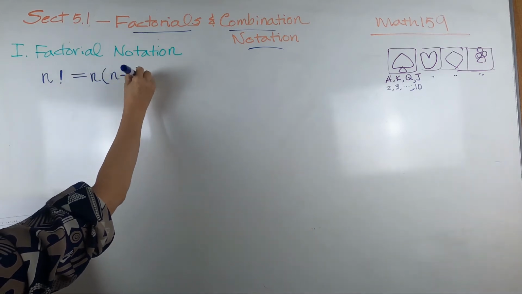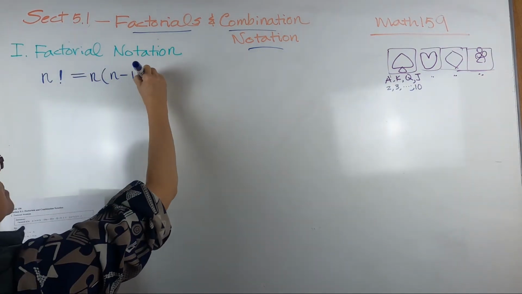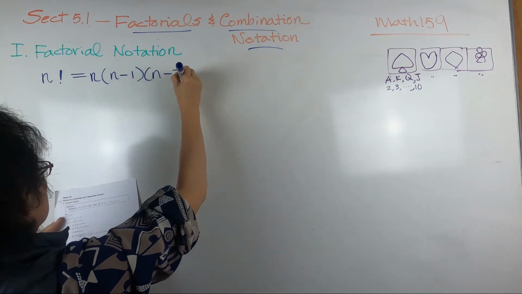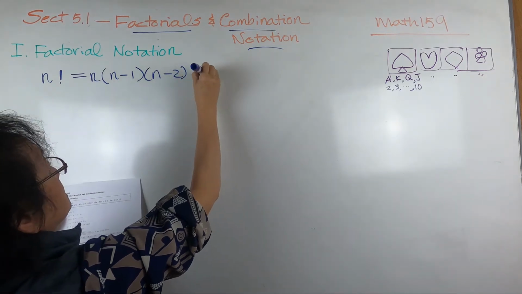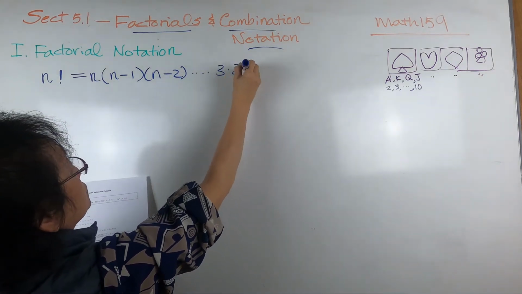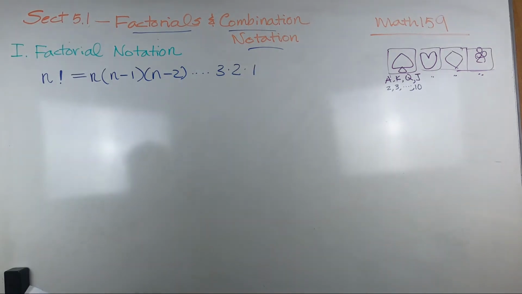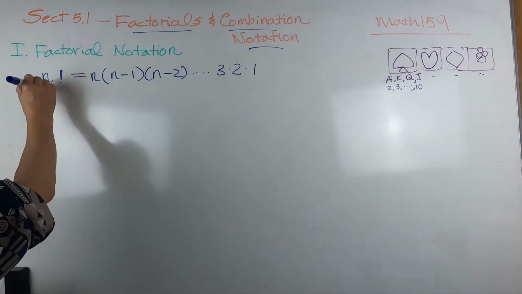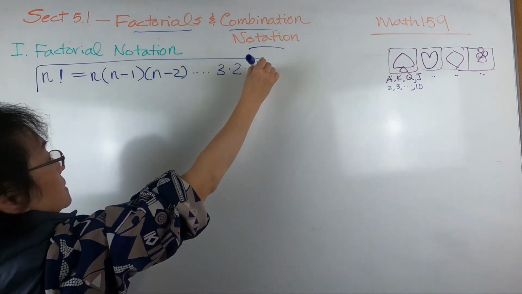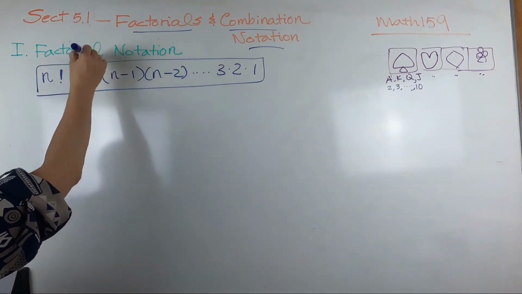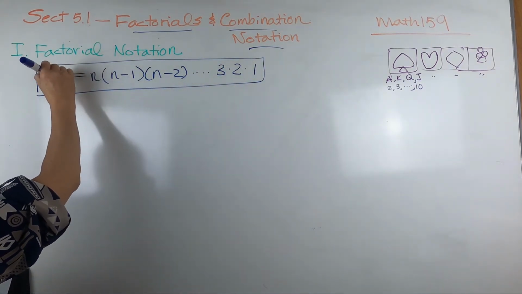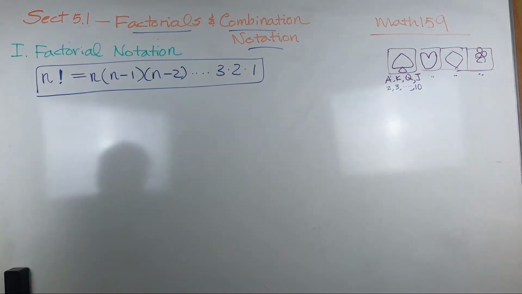It means n times n minus 1, n minus 2, you continue to 3, 2, 1. That's your definition of the factorials. So when you have this exclamation mark, it means a factorial.